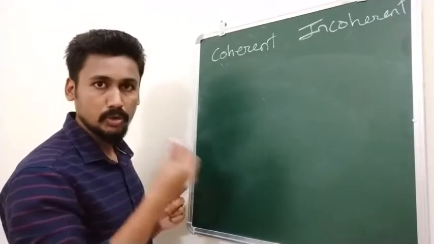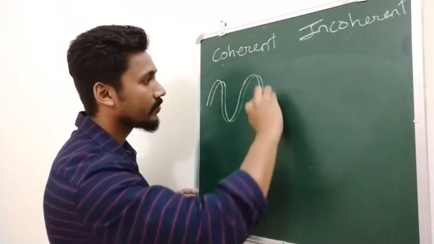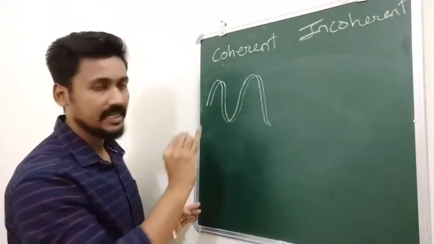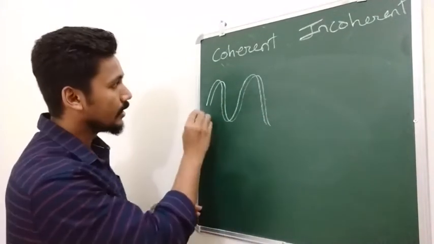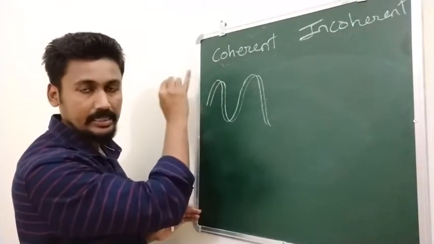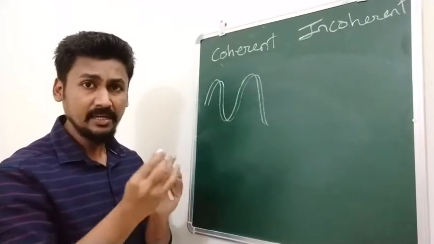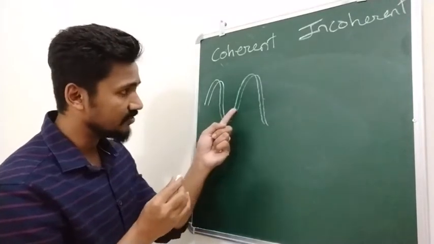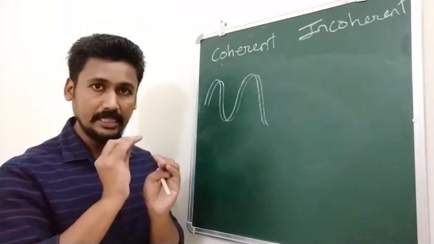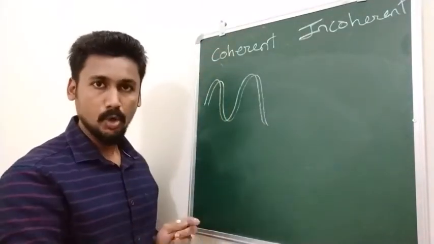If there are two sources which are creating waves, if the waves go something like this, you will say these are coherent sources. Why? When one wave reaches the crest, the other also is reaching the crest. They are in phase with each other. The phase difference between them is the same. So if the phase difference is similar, we'll call them coherent sources.